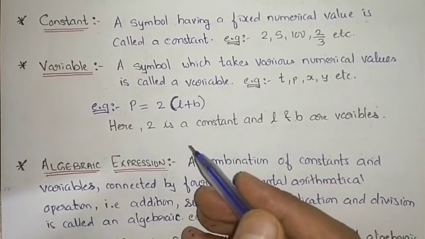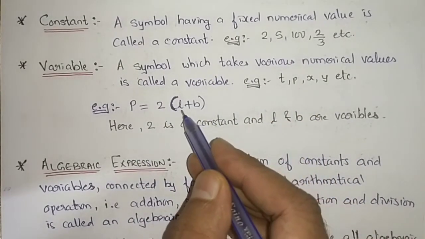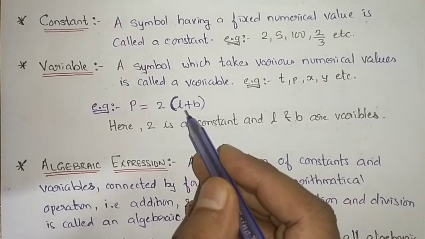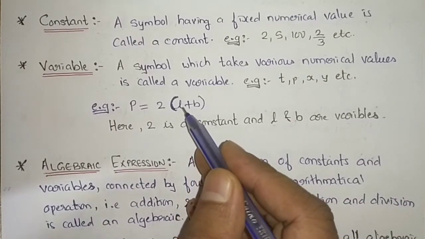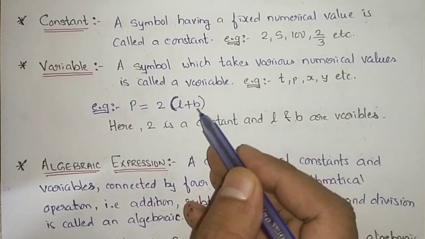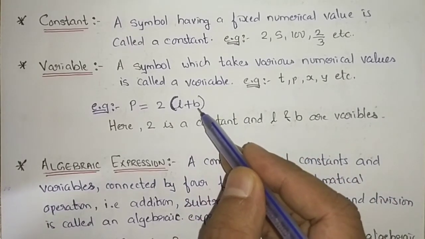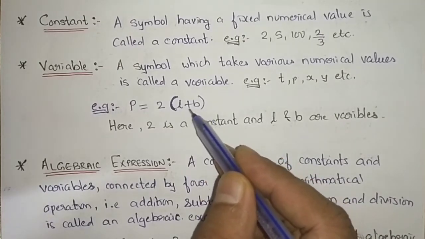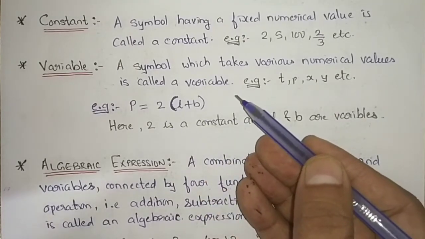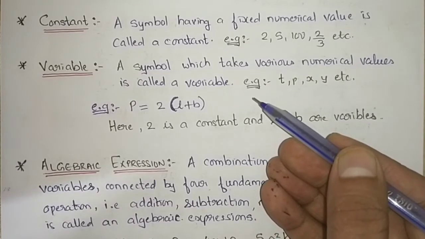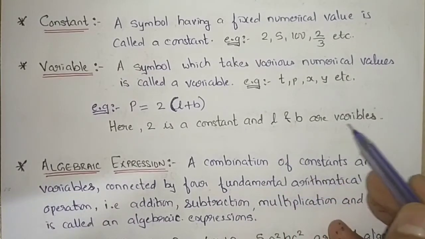Some rectangles are small, so their lengths must be small. Some are big, so the length must be big. In the same way, breadth can also be changed. So we can say the values of L and B are changing. It depends on the size of the rectangle. Therefore, they are variables.